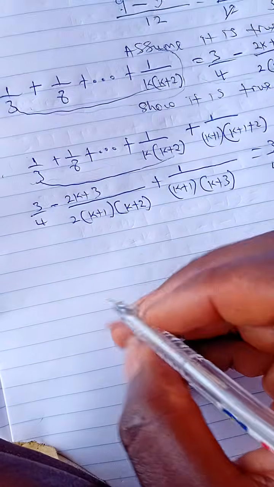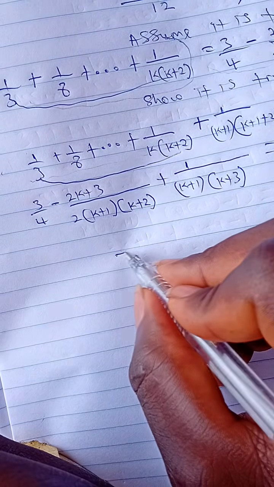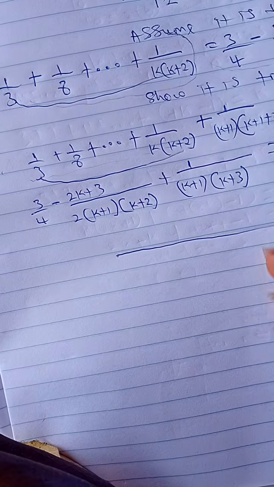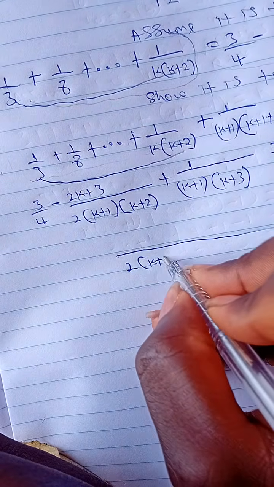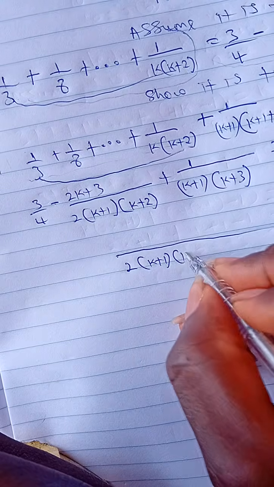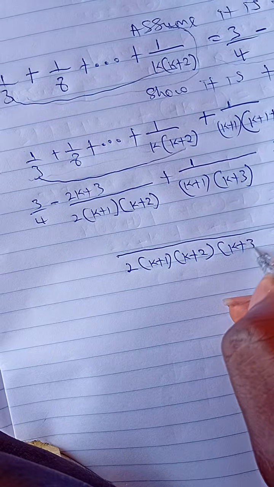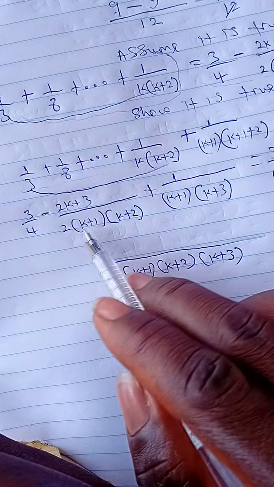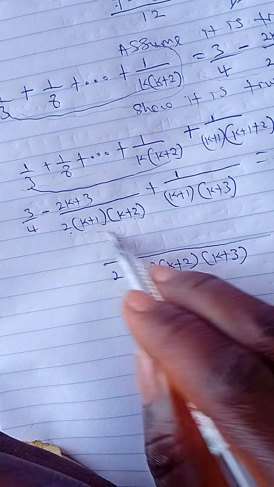Are we together? So let's find the LCM here. The LCM there is 2 into k plus 1, k plus 2, k plus 3. We have 2, we have k plus 1, we have k plus 2, we have k plus 3. The LCM of these two is this.